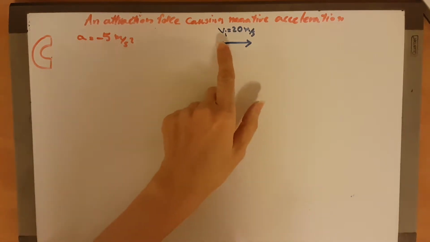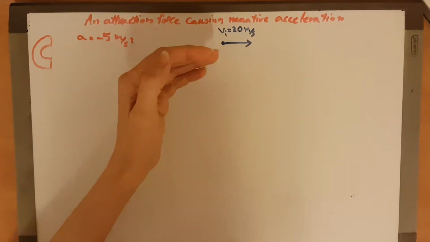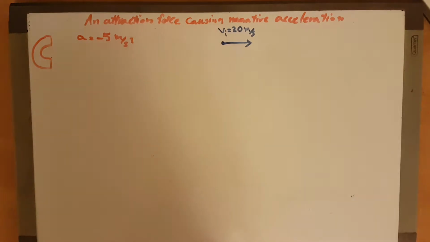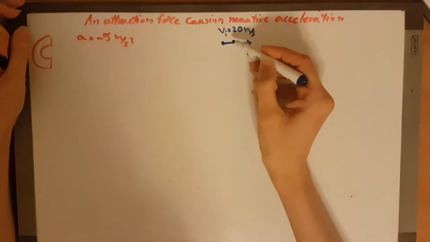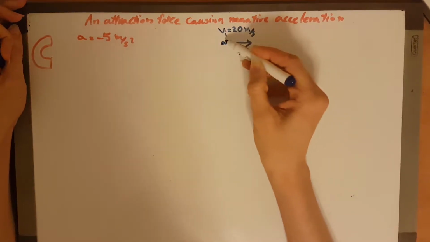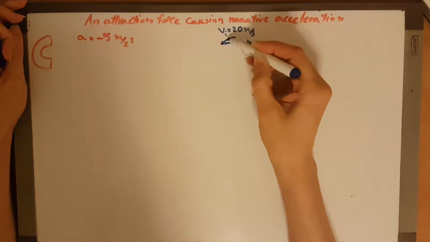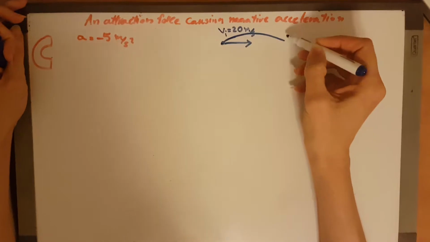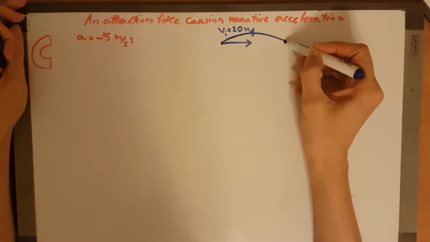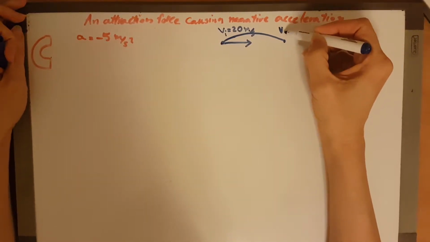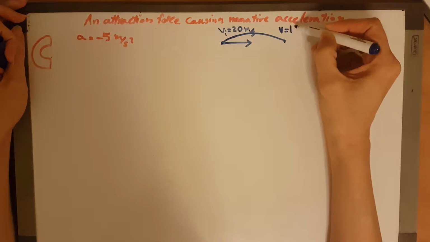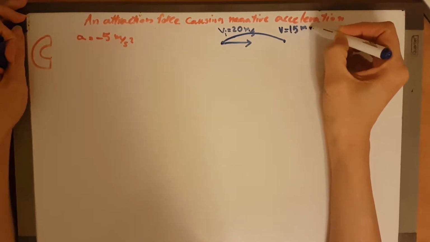The initial velocity is 20 meters per second, causing it to get away from the magnet, but the magnet is slowing down the movement. So if the movement starts from here, of course, by the end of the 1 second, the v would definitely be 15 meters per second, right?